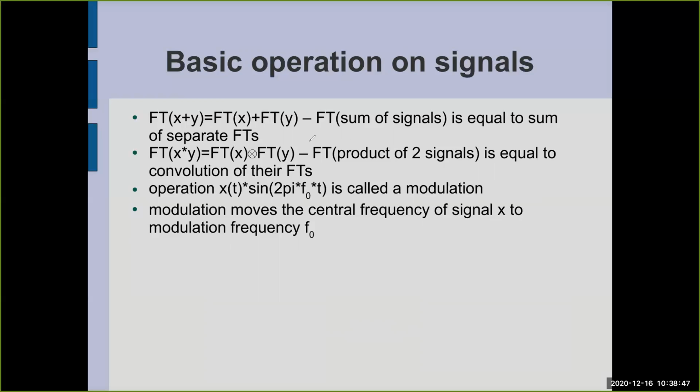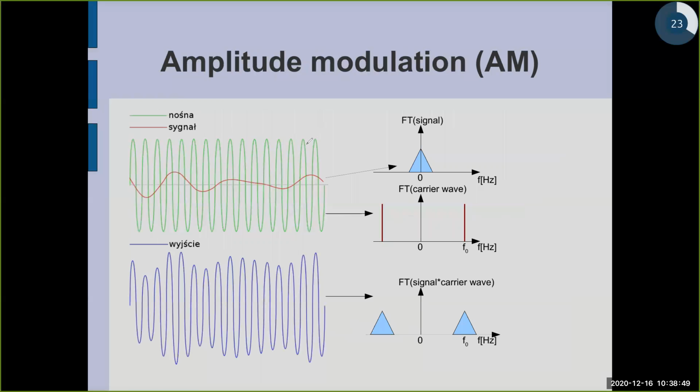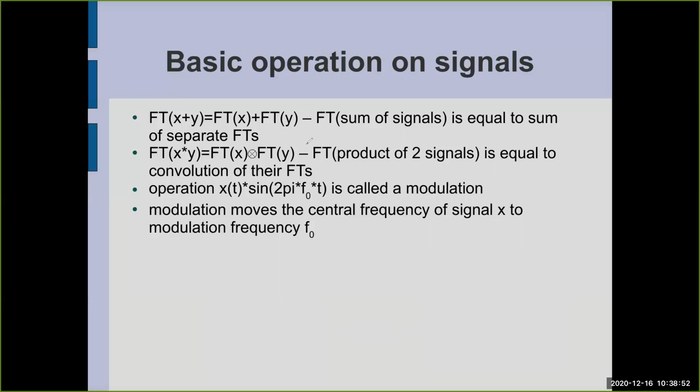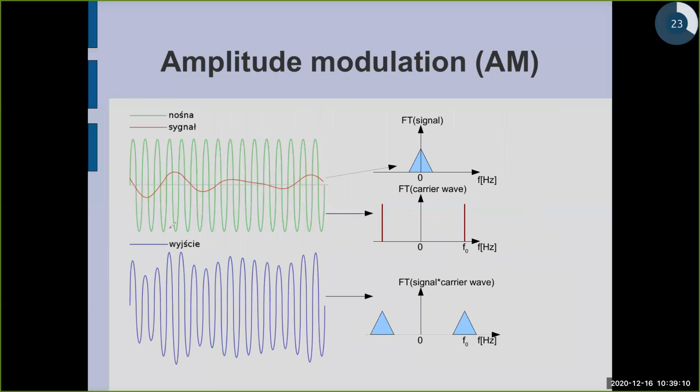So now I'd like to show you how it works in practice, and then I will tell you how it was used to improve interface performance. So look, let's assume that this red line denotes a signal, and this green line denotes something which is called a carrier wave.